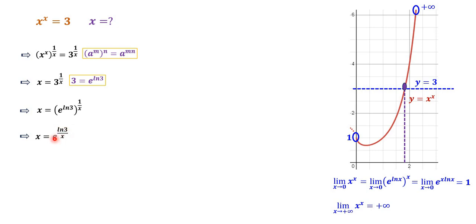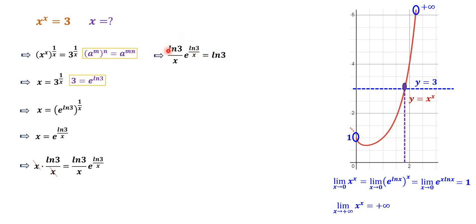We multiply both sides by ln 3 over x, and we have x times ln 3 over x is equal to ln 3 over x times e to the power of ln 3 over x. Here x and the denominator x cancel, and after rearranging, we have ln 3 over x times e to the power of ln 3 over x is equal to ln 3.